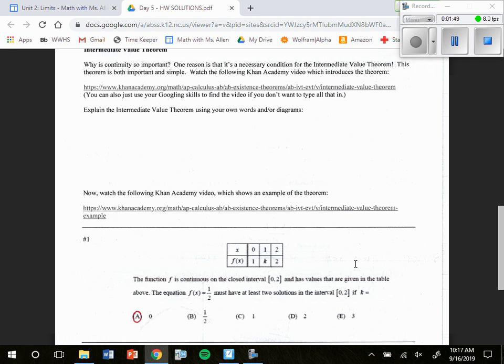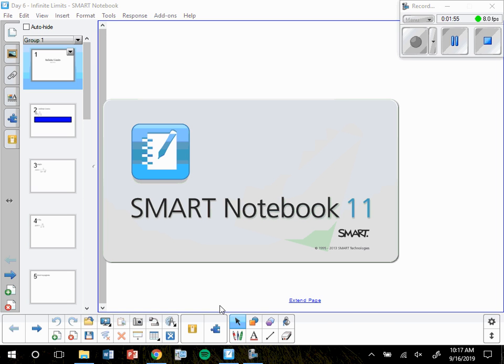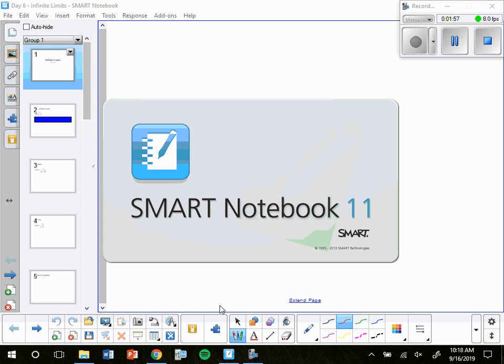But then the important part about the intermediate value theorem, and I'm just going to pull up a new slide, is that if my function's continuous, I think a diagram is the easiest way to see this.